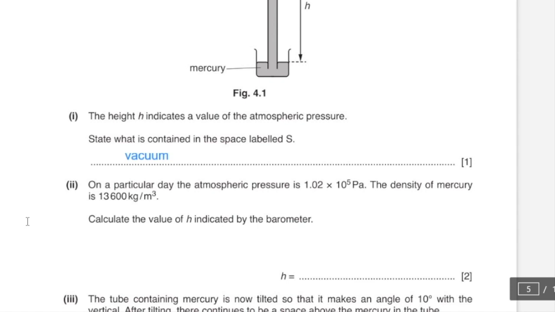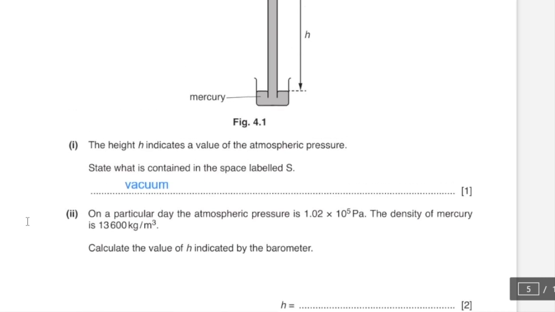2. On a particular day, the atmospheric pressure is 1.02 times 10 to the power of 5 pascals. The density of mercury is 13,600 kilograms per meter cubed. Calculate the value of height indicated by the barometer.